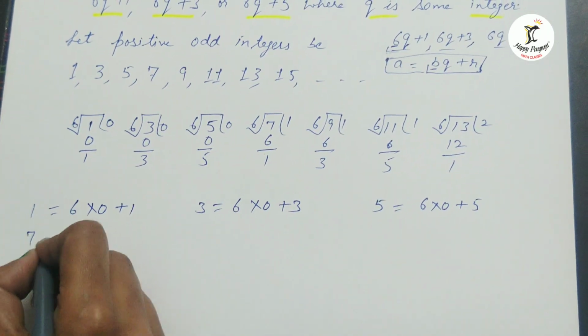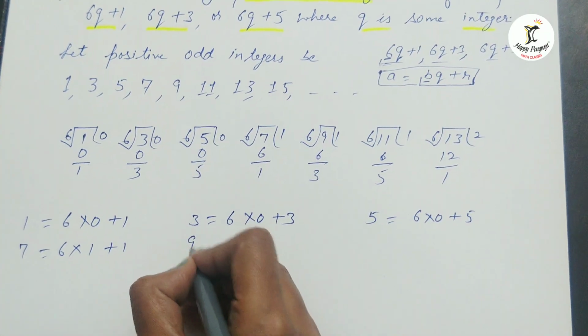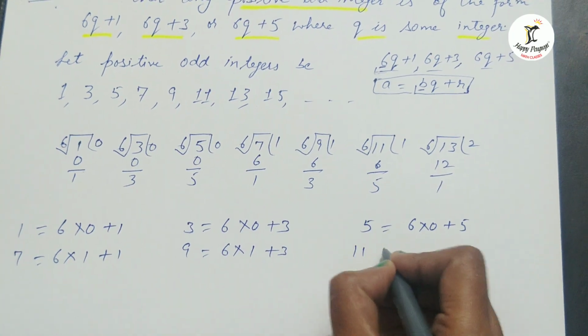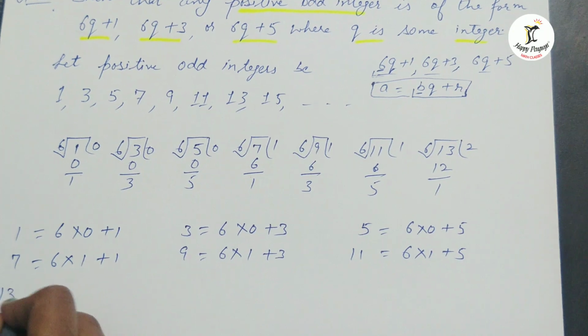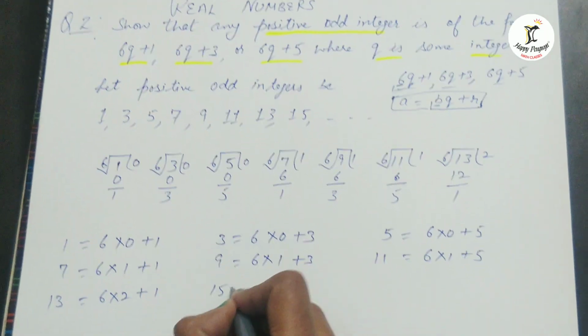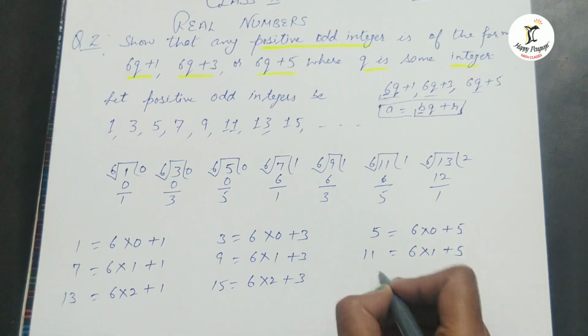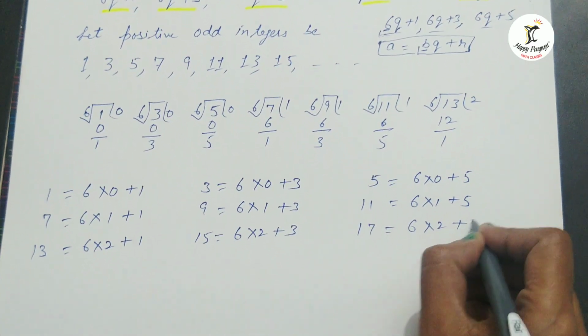Next, 7 is 6 into 1 plus 1. 9 is 6 into 1 plus 3. 11 is 6 into 1 plus 5. 13 is 6 into 2 plus 1. 15 is 6 into 2 plus 3. 17 is 6 into 2 plus 5.